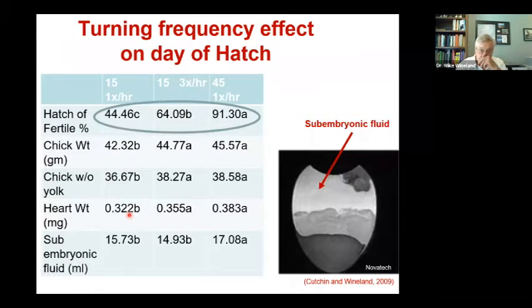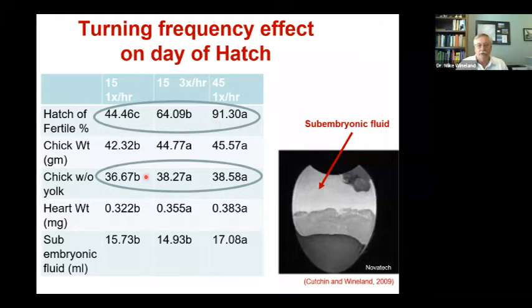And what she found was, here you can see 45 one time per hour and 91% hatch of fertile. If she turned 15 one time, you had that decrease of 44, but you can see that by turning 3 times per hour at 15, there was a 20% increase in hatch of fertile, just by increasing the frequency of turn.